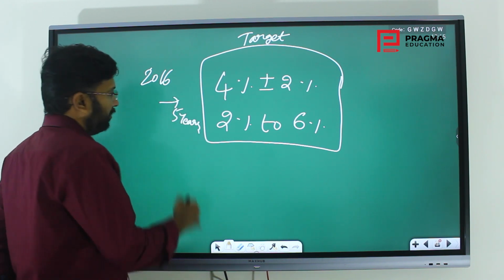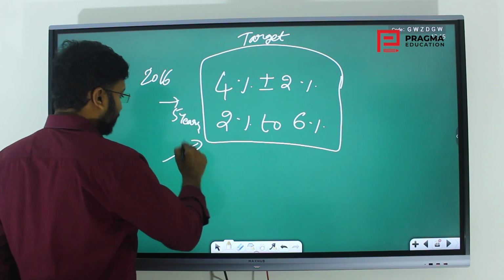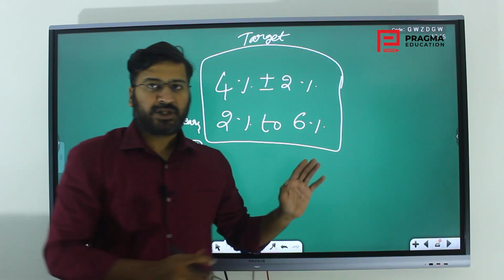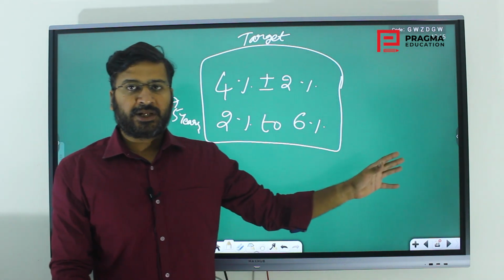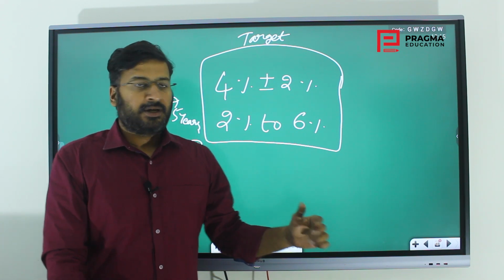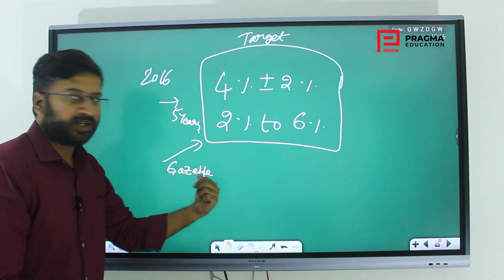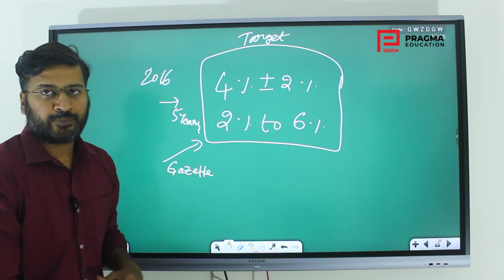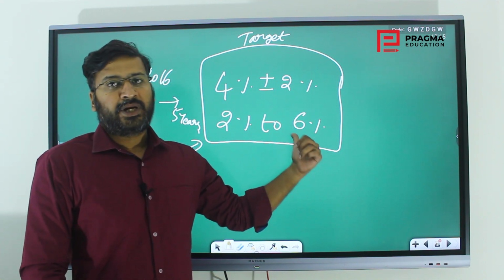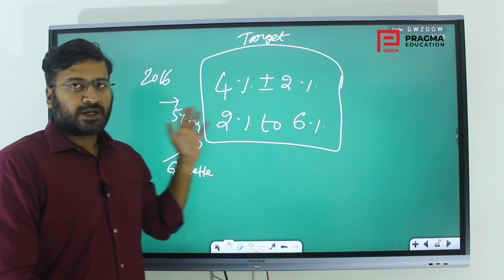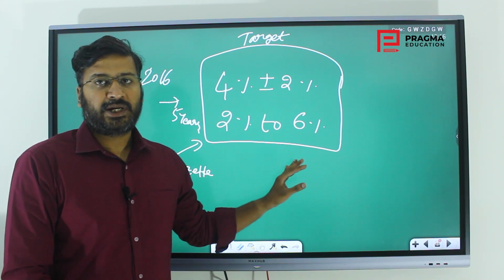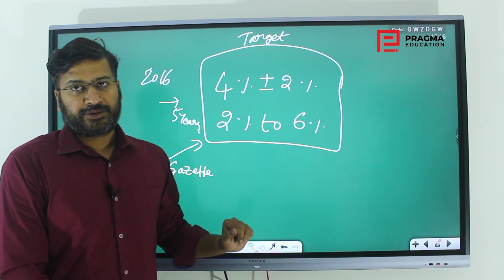Last year or this year, the inflation target was again given in the Gazette by the government. This target will be given by the government and it should be achieved by the RBI. That is the framework agreement. So every 5 years, the government will give in the Gazette the target range, then the RBI should work its monetary policy on meeting that target. And if they don't meet the target, they should answer to the government as to why they could not keep it in that target range.